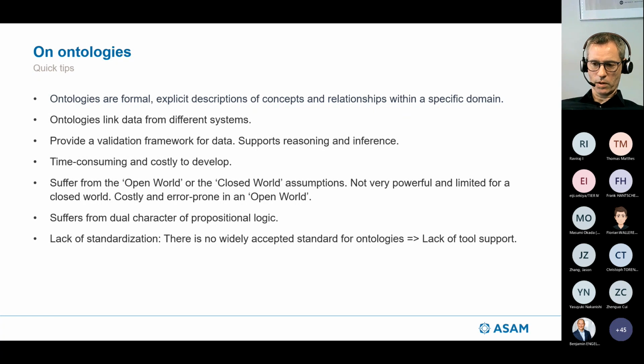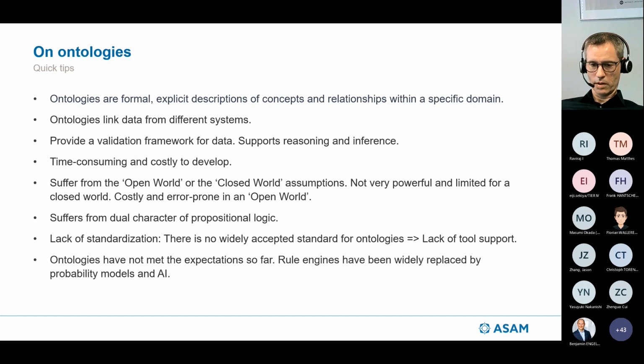When I worked with ontologies, that was a basic disadvantage: the tools do not provide very high-end support for ontologies. And that's also my personal opinion, that ontologies have not met the expectations so far.